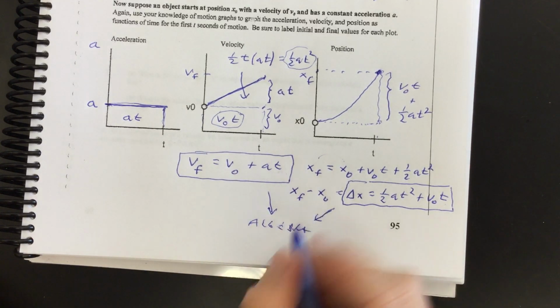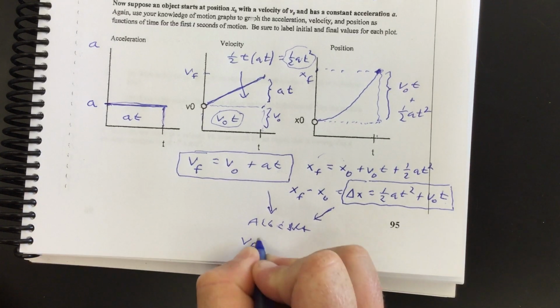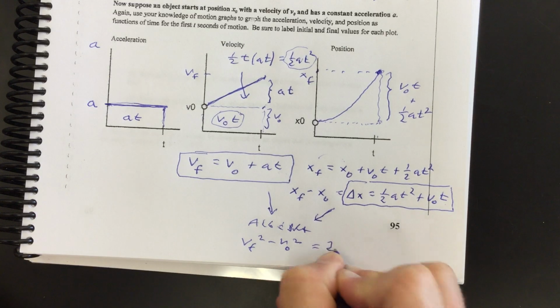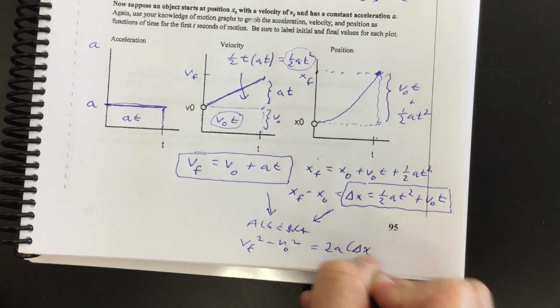Call me lazy if you want, but you'll eventually find out that v final squared minus v initial squared is 2a delta x.